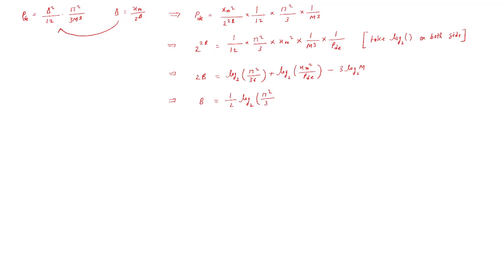Pi square by 36, this is the constant term. This is not exactly constant, but for our example it doesn't hold much value. It's 2B.